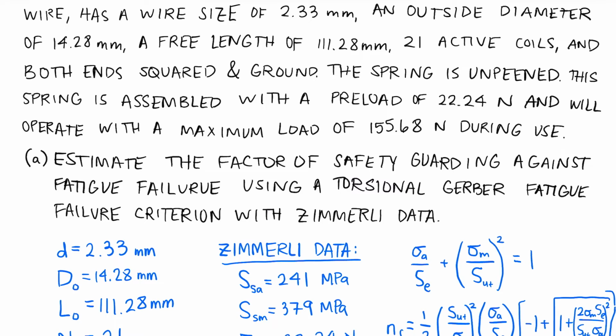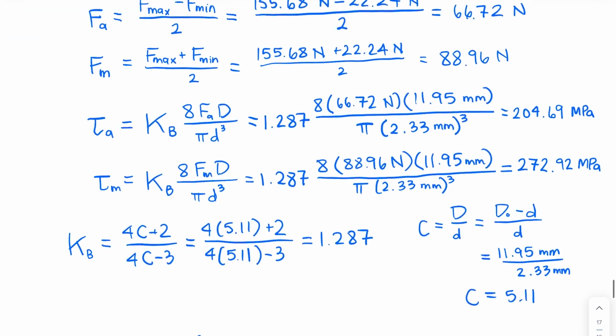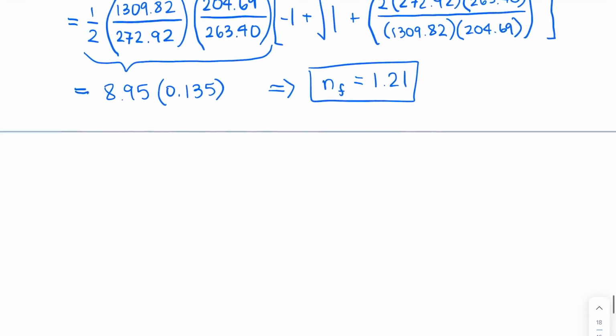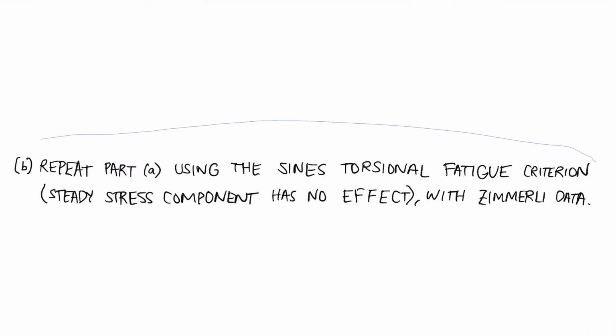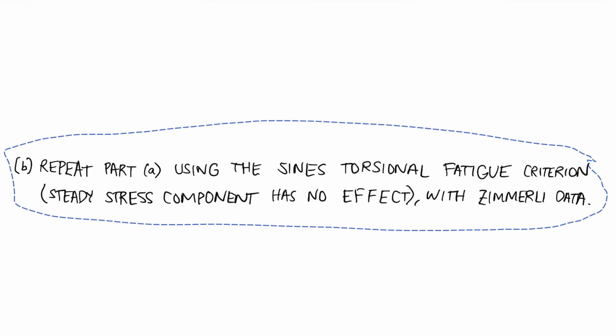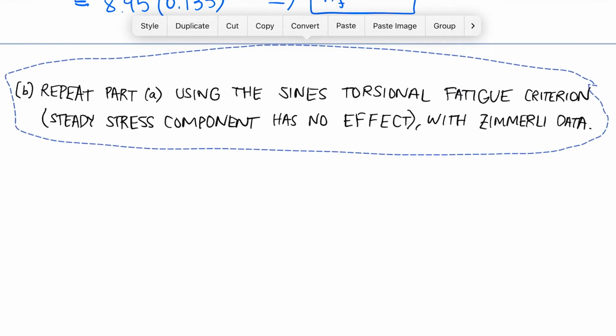We're going to do the Goodman criteria a little bit later on in this problem. So, part A is the longest part of any of the parts of this problem. So, if you're tired after that, don't worry, we are getting pretty close to being done with this problem.